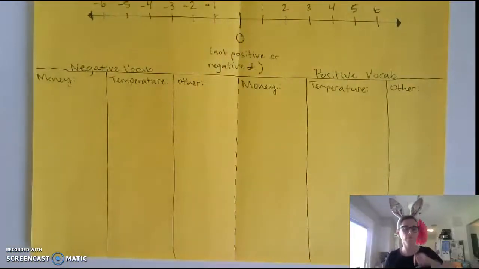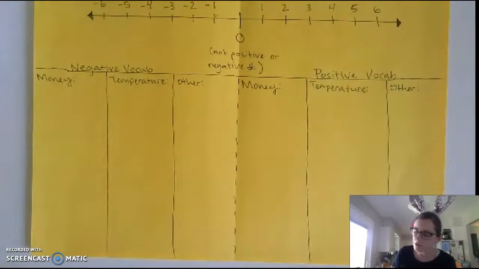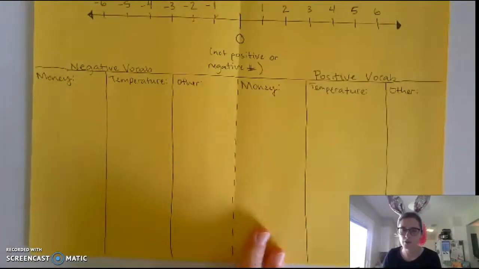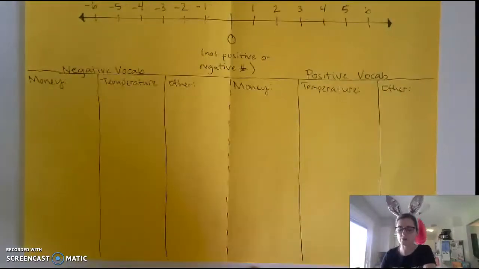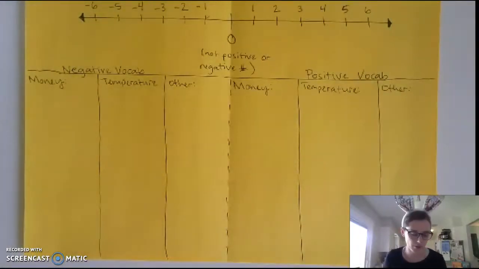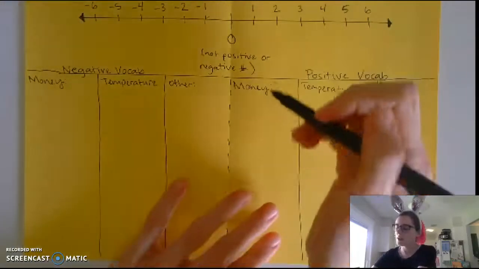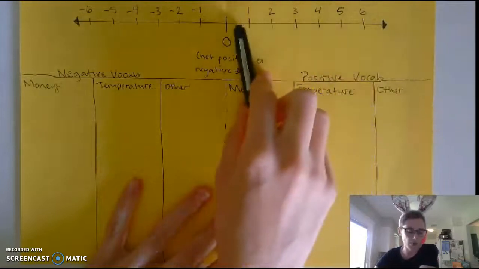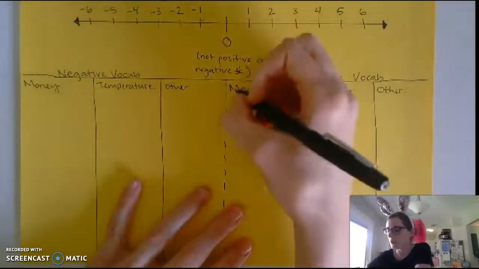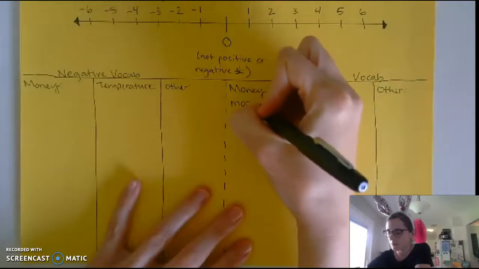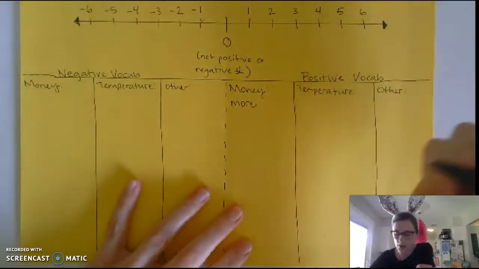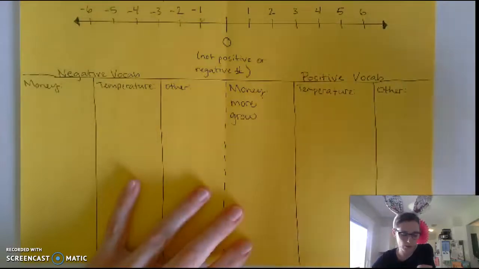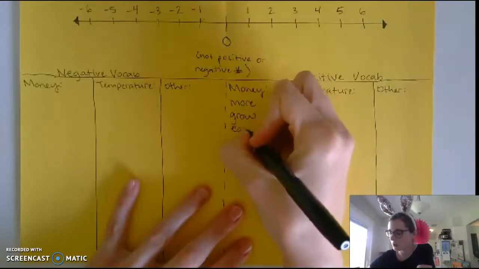There you go. Okay, so let's start on the positive side, because let's face it, that's where everybody wants to be. We all want to get money. When I'm talking about moving on the positive side of the number line, I'm going to use words like more, grow, or earn.